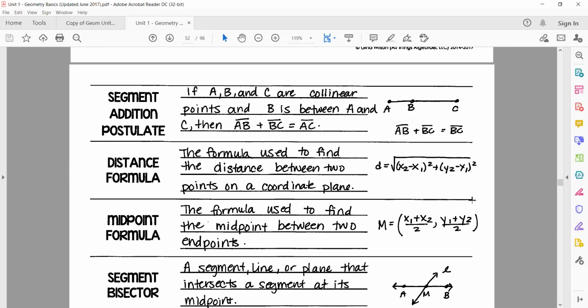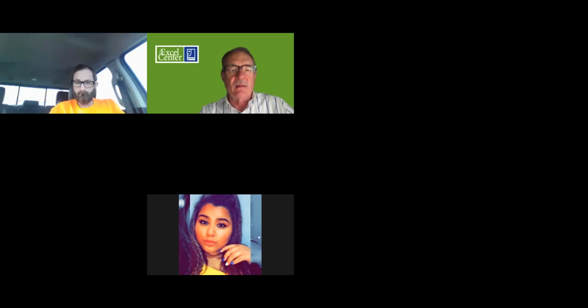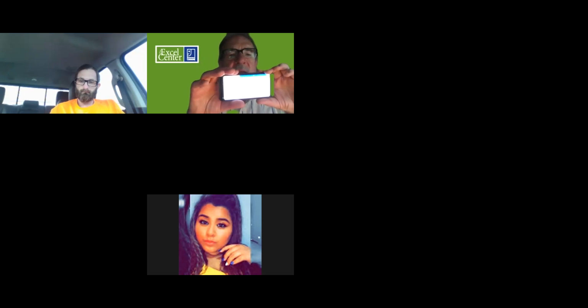your calculator on your phone is going to need to be turned sideways. Calculator in this orientation is only going to give you adding, subtracting, multiplying, dividing.